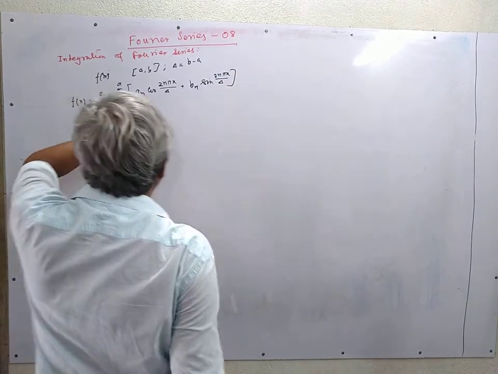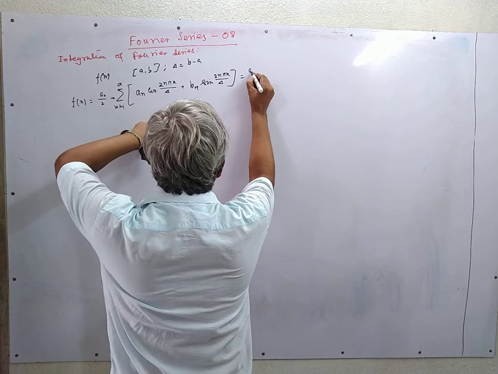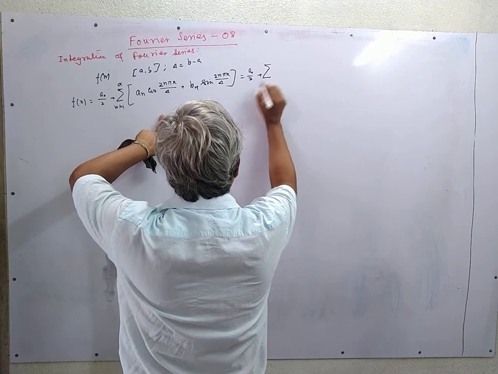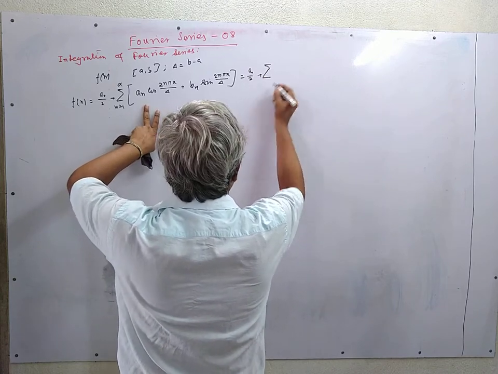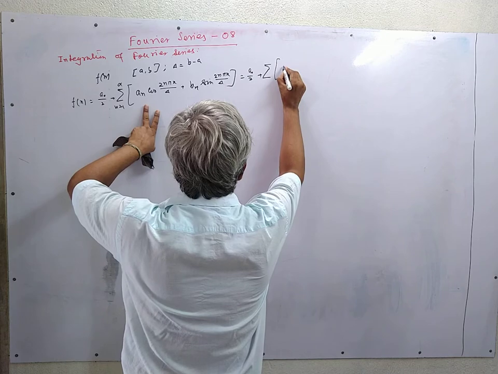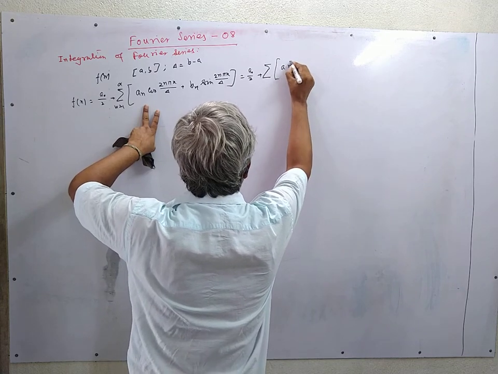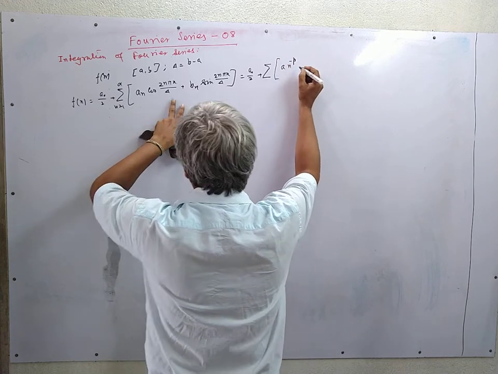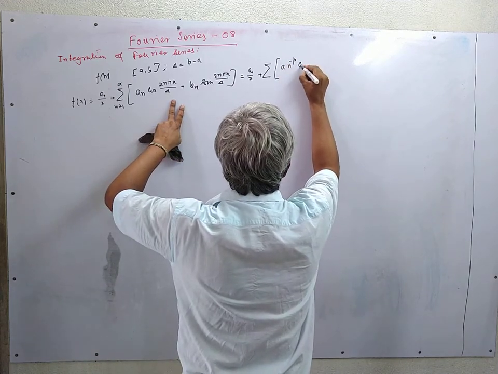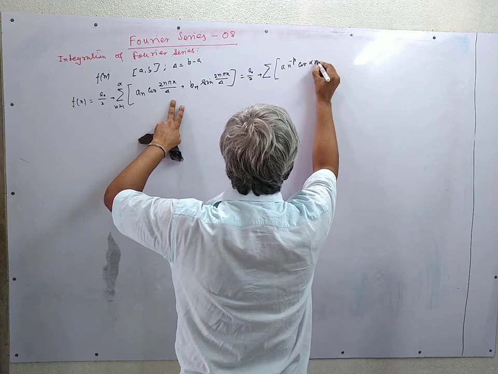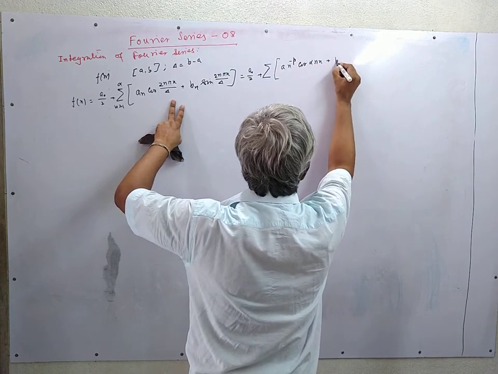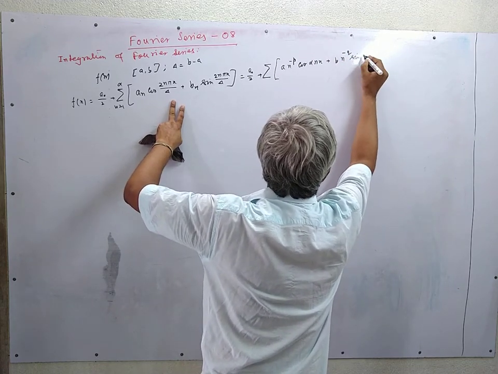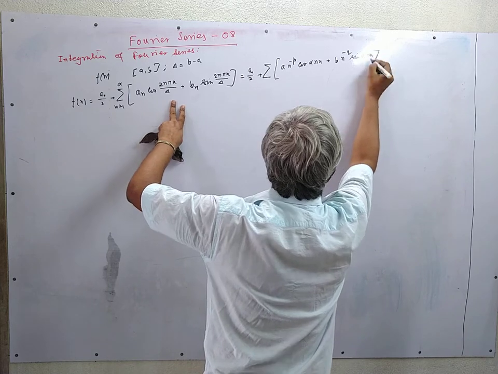We make it short as a0 by 2 plus summation over n, where we write this as a n to the power minus p, this is for a n, and this is cos of alpha n x, then b n to the power minus q sine of alpha n x.